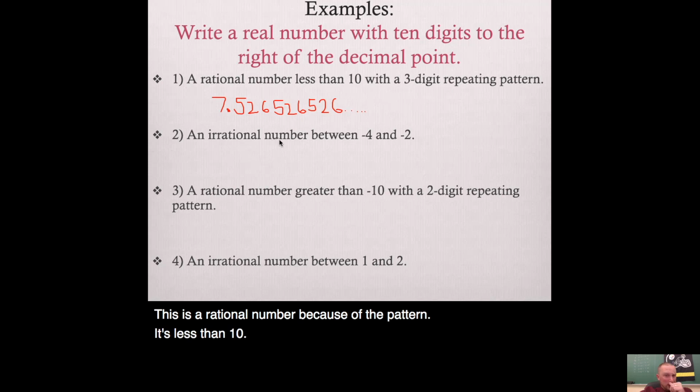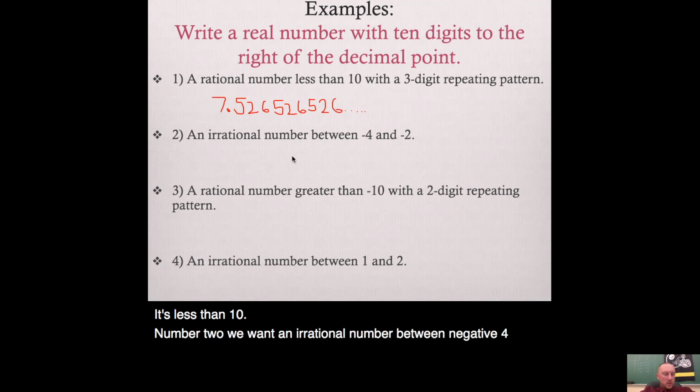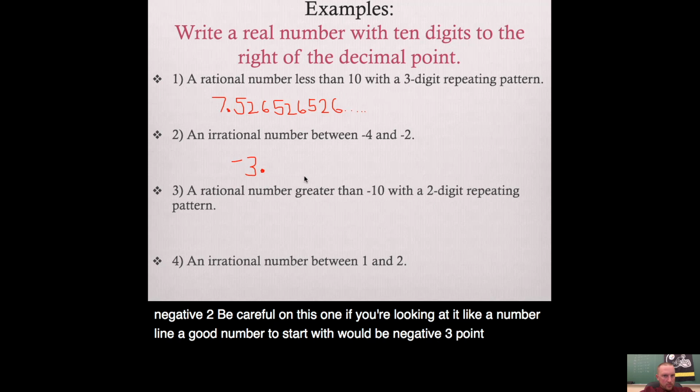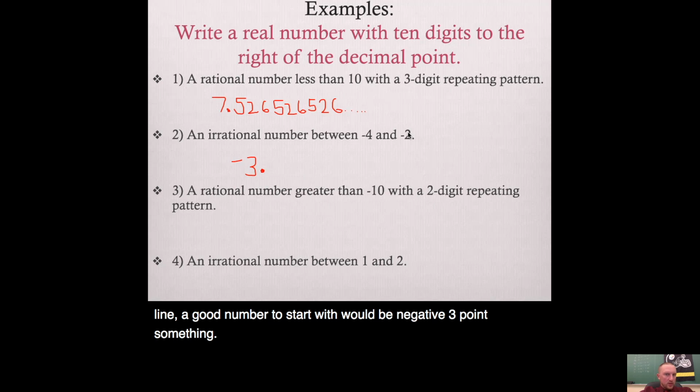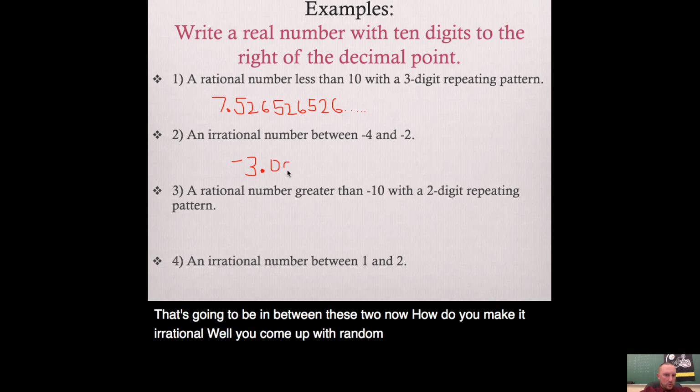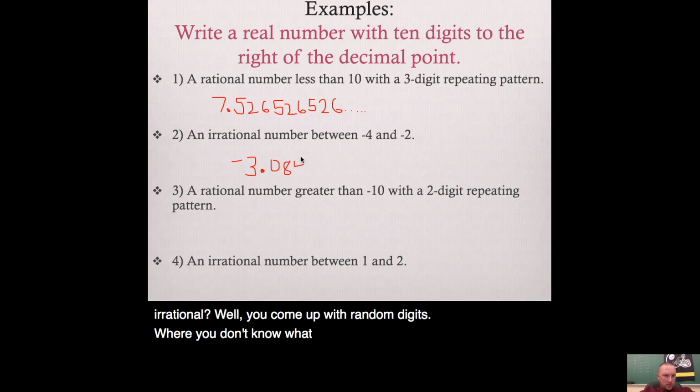Number 2, we want an irrational number between -4 and -2. Be careful on this one. If you're looking at it like a number line, a good number to start with would be -3 point something. That's going to be in between these two. Now, how do you make it irrational? Well, you come up with random digits where you don't know what the next one's going to be.